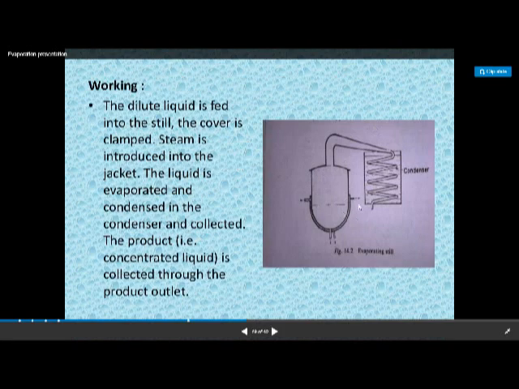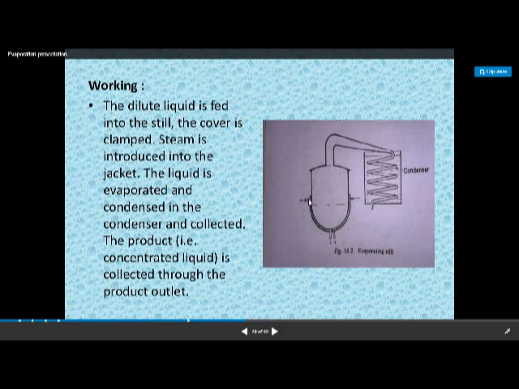It is the same as the pan, only there is a cover, and this cover collects the condensate and is attached to the condenser, through which we get the condensate. So this is an evaporating still. It consists of a metallic container which is jacketed with steam.